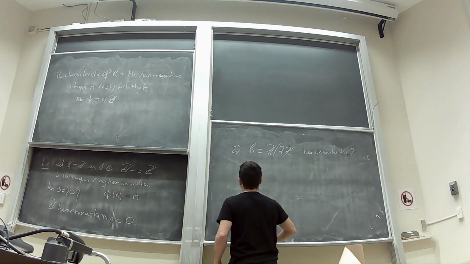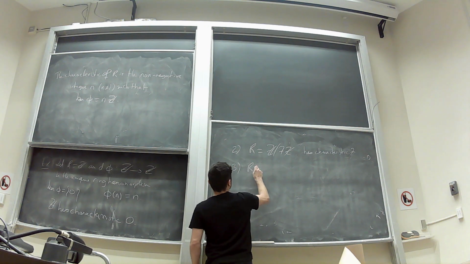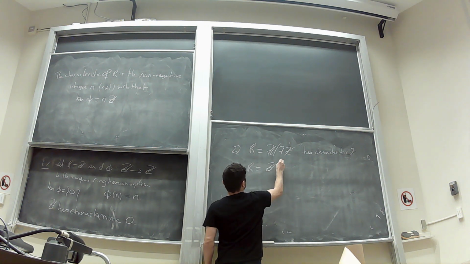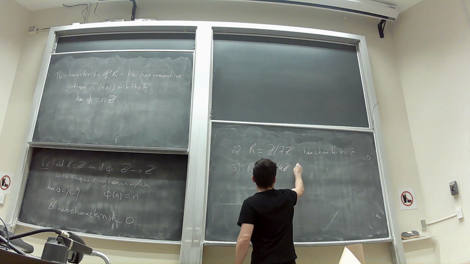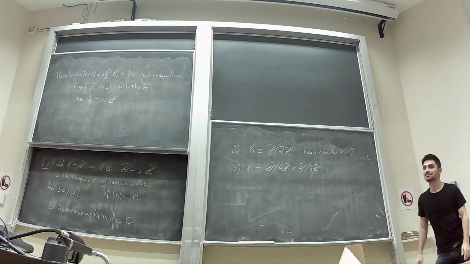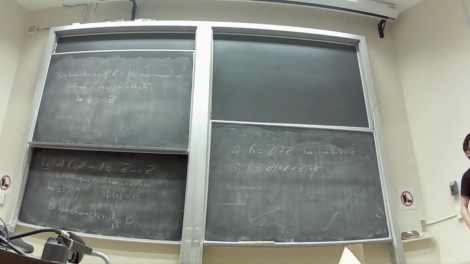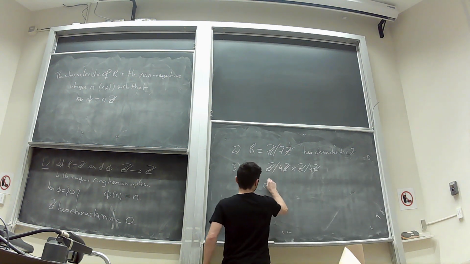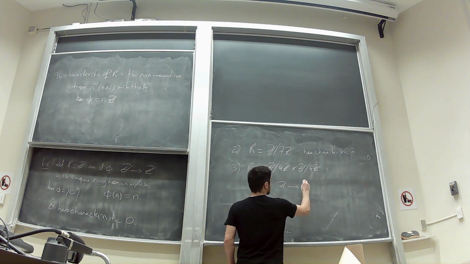Let's do another example. R is Z mod 4Z cross Z mod 4Z. What is the characteristic of this ring? 4, right? So what does the homomorphism phi do from Z to R?